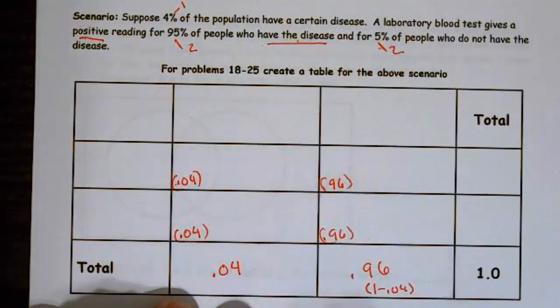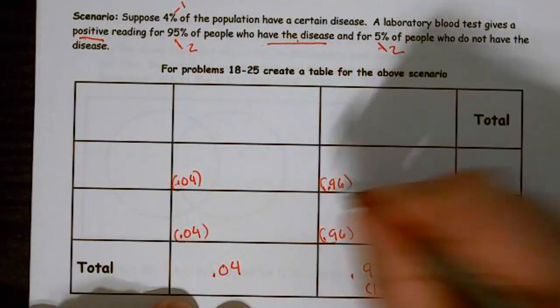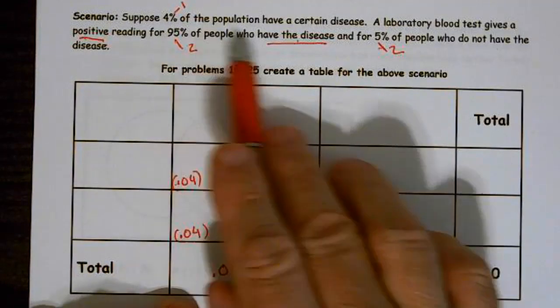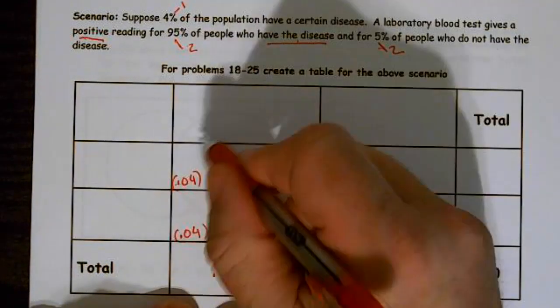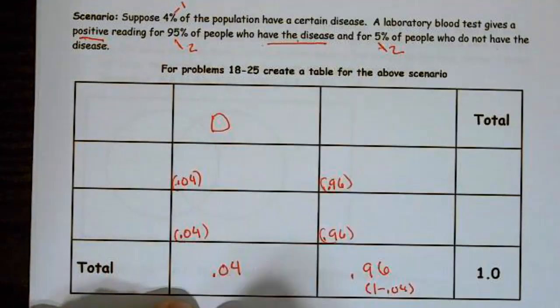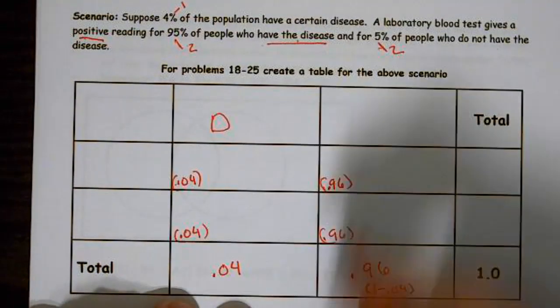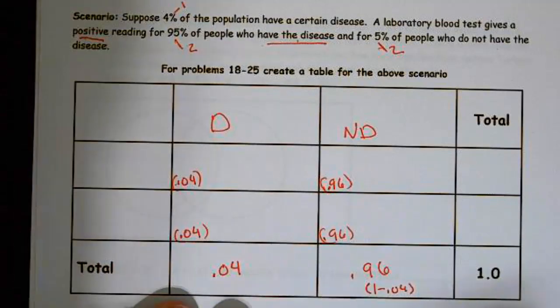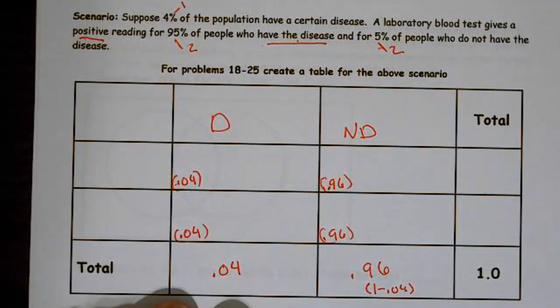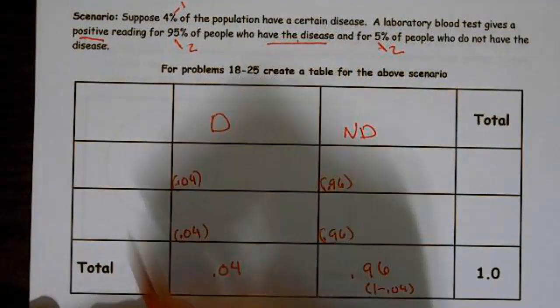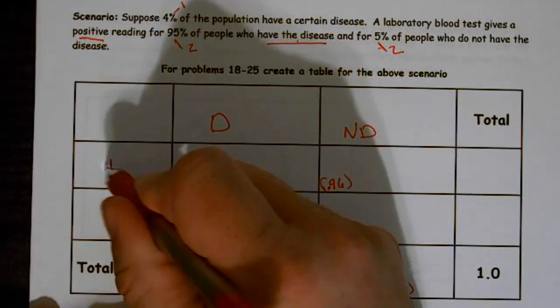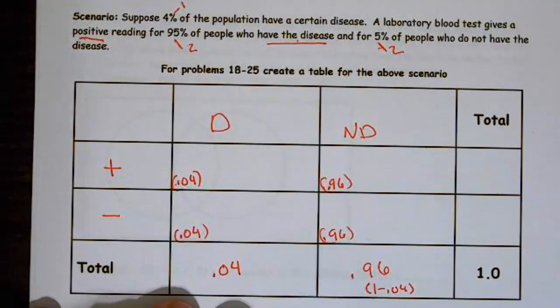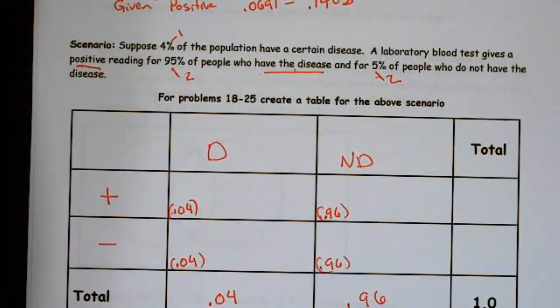Now, I keep my labels really, really simple. This 4% have the disease. All right, that's disease. Then this would be not have the disease. That works pretty well. The other thing was test results being positive or negative. So plus sign for positive, minus sign for negative, just keeping it simple.